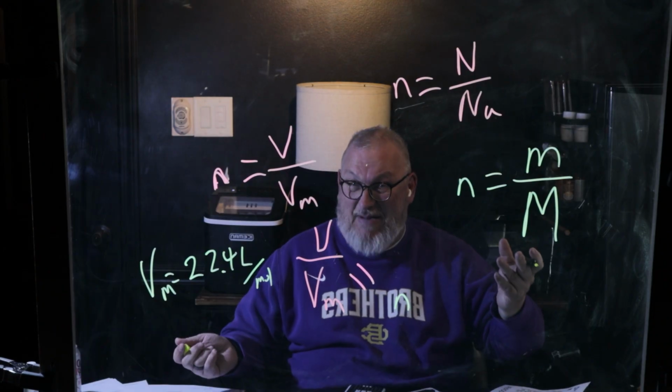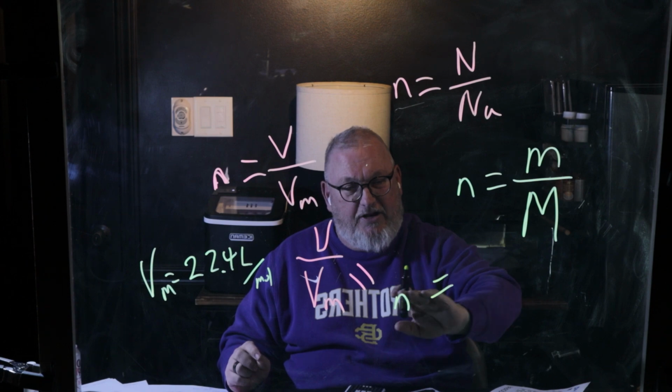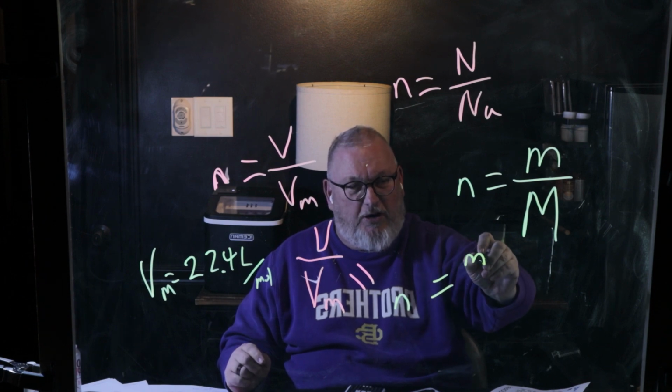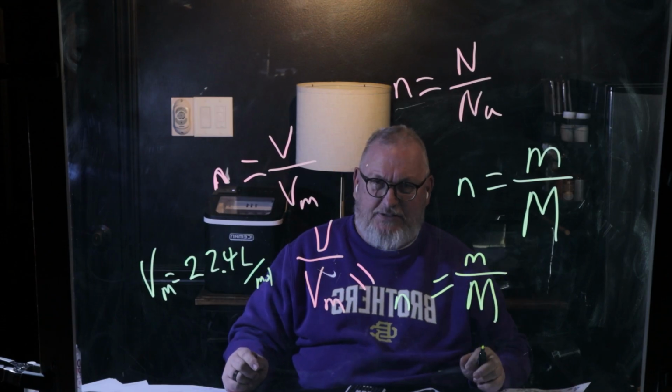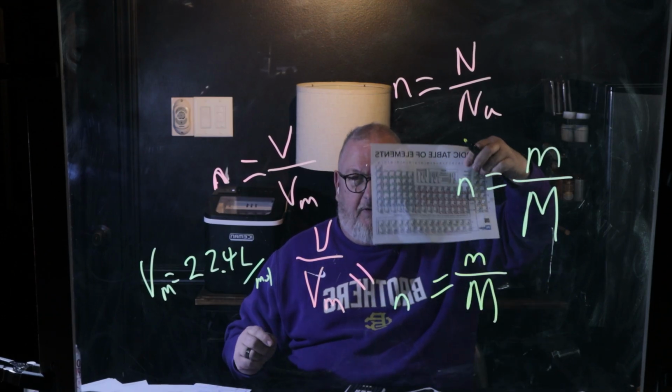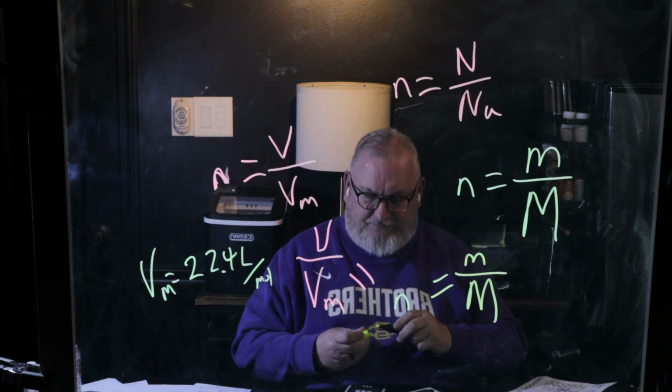If we have mass, then the number of moles is equal to our sample mass divided by the molar mass, which we get from the periodic table, depending on whatever substance we're looking at.